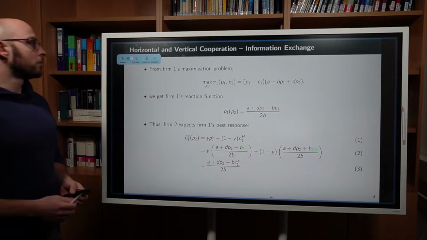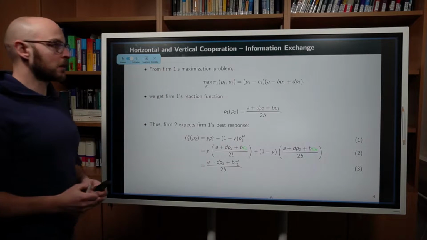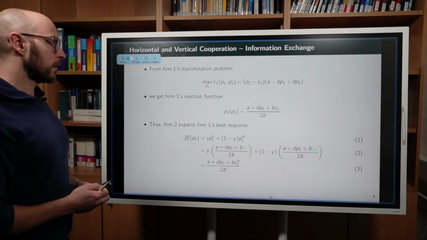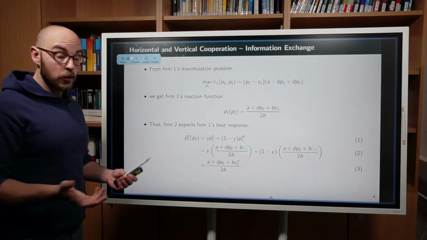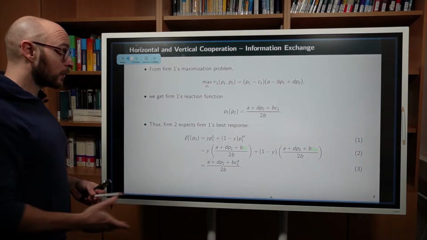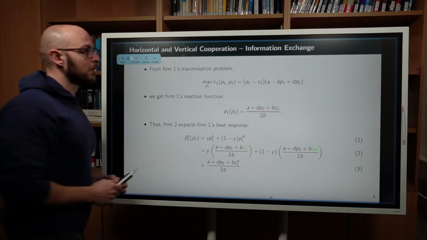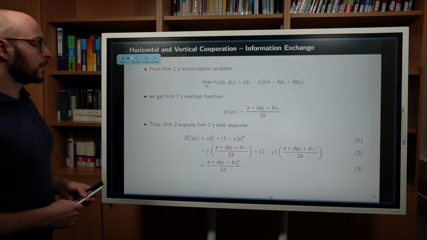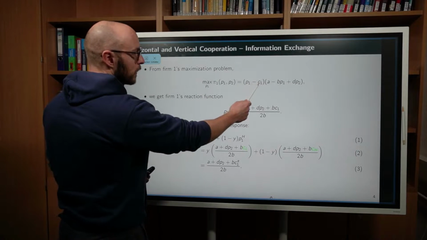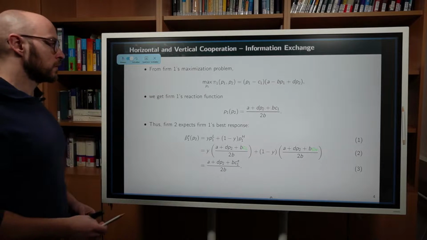Okay, so how do we solve that problem? First, we look at firm 1's profit maximization. So what does firm 1 do? Firm 1 has no uncertainty, so firm 2 knows that firm 1 has no uncertainty, so it expects firm 1 to maximize its actual profits, which look like this, so price minus cost times quantity, and we differentiate this with respect to P1.